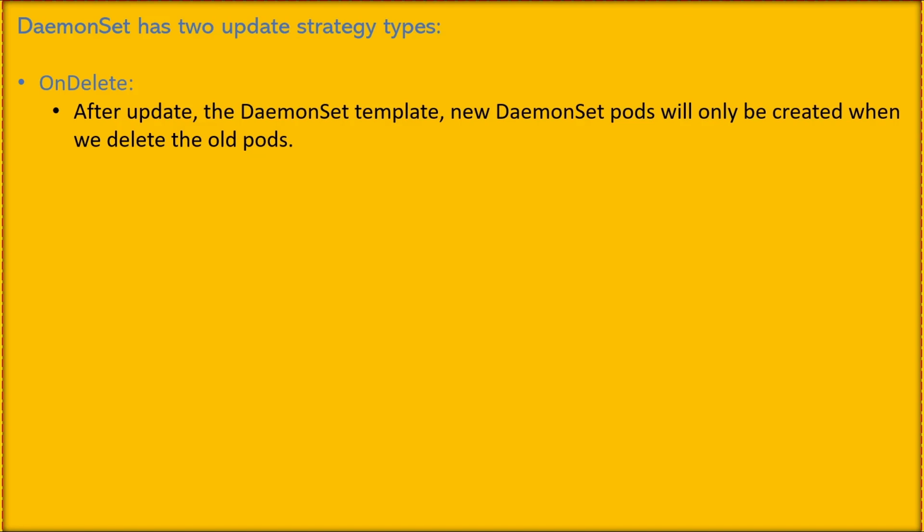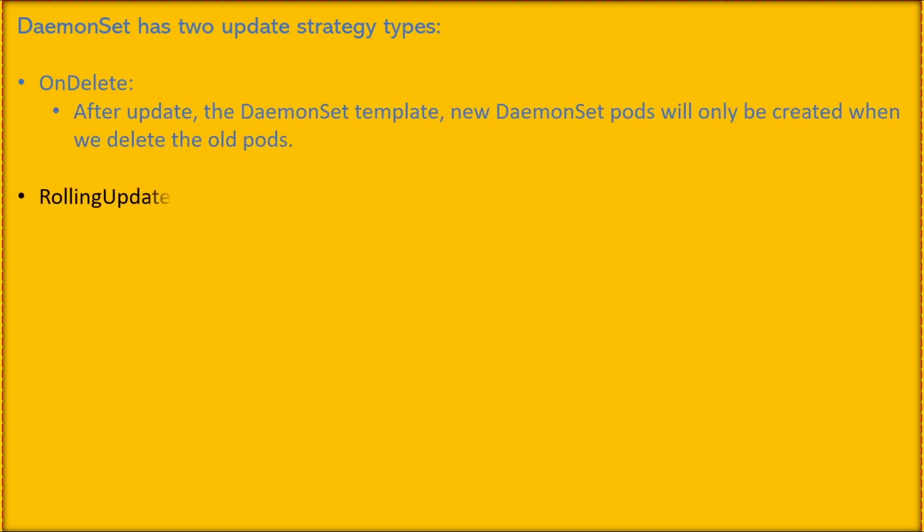After updating the DaemonSet template, a new DaemonSet pod will be created when we delete the old pod. It means that once we update the template file and use the kubectl apply option, then we have to manually delete the existing pod. Then the new pod will be created from the new updated template file.